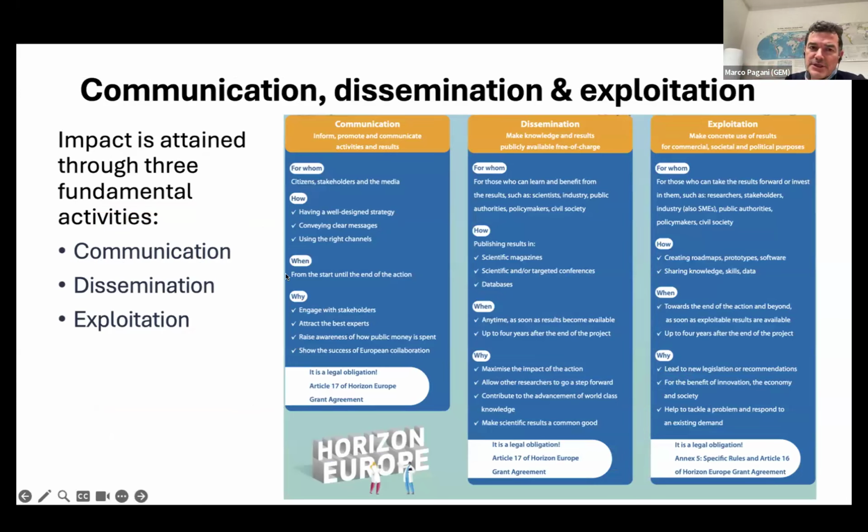So communication is for the most part focused on citizens, on stakeholders, and the media. And the way in which you must implement a well-efficient communication strategy is to have, of course, an initial strategy to do that, to convey clear messages, and to use a variety of channels.